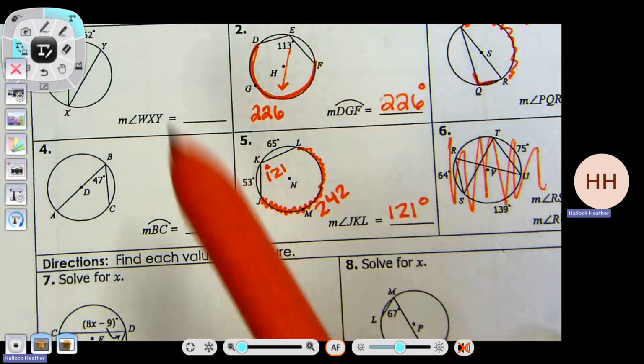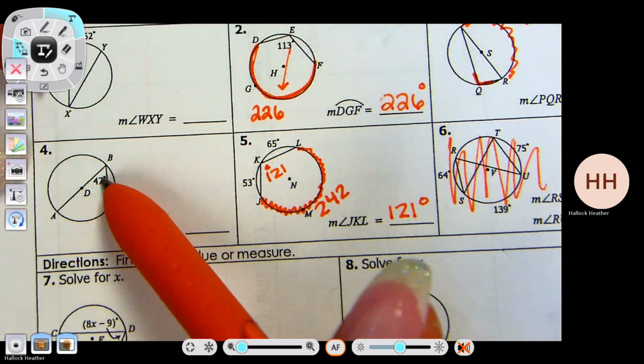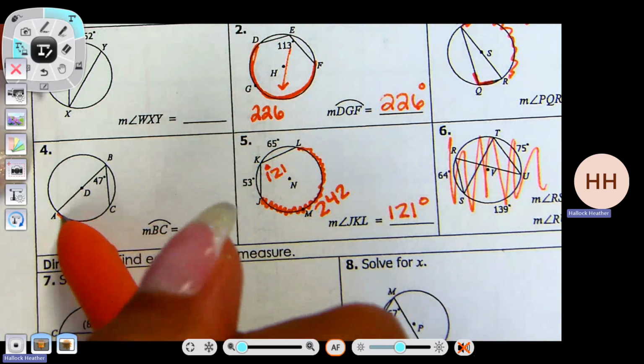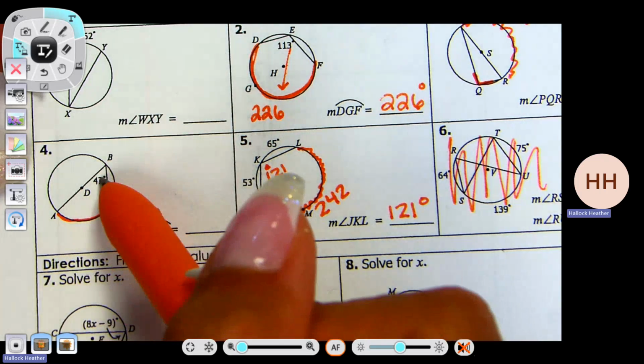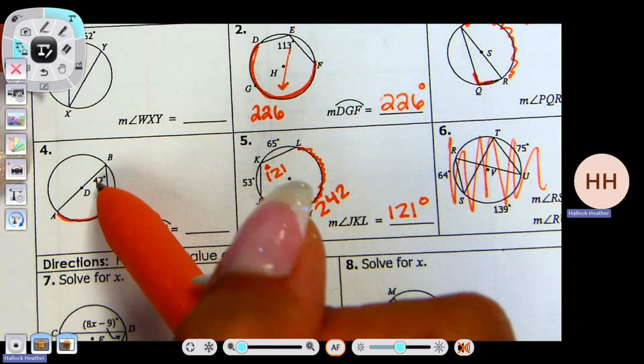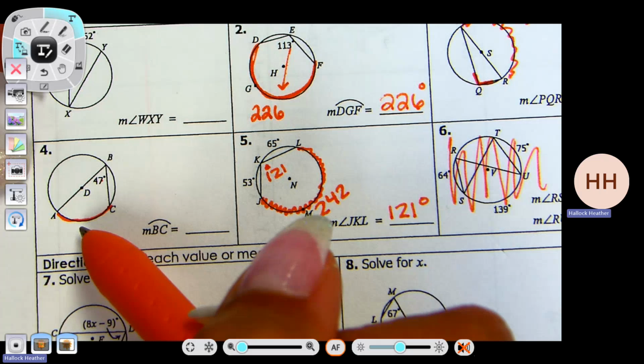So I would take this number. They're giving me this number. I have to find the arc that goes with it to start. So if I take this, I'm not cutting it in half. I'm getting bigger. So I'm going to multiply by 2.